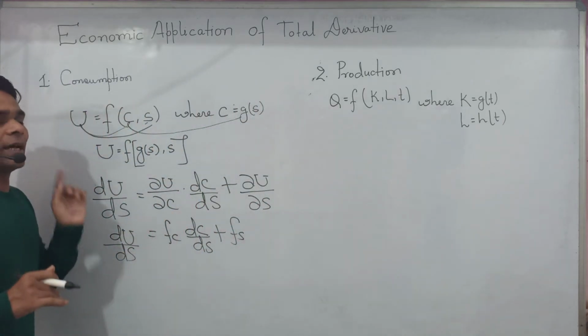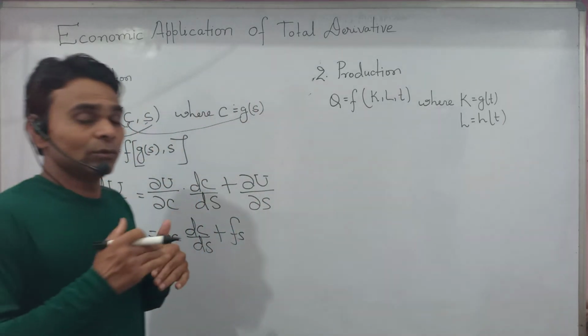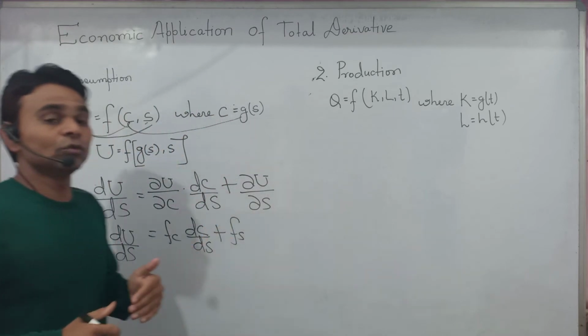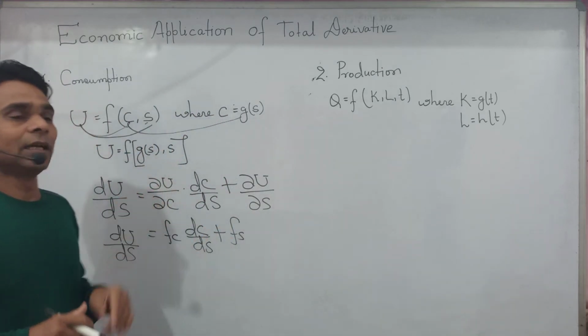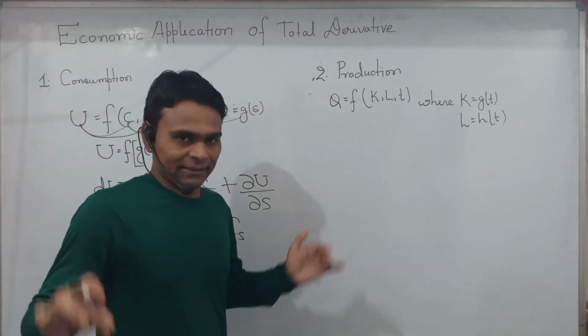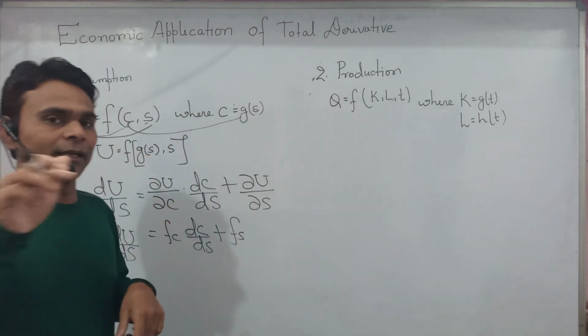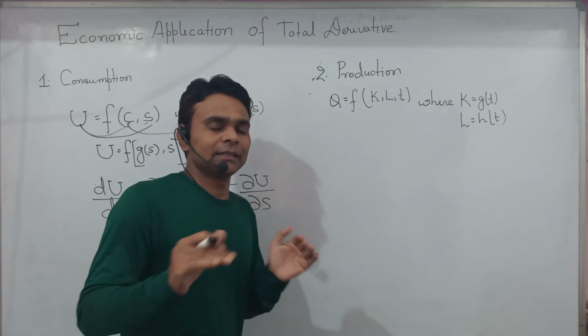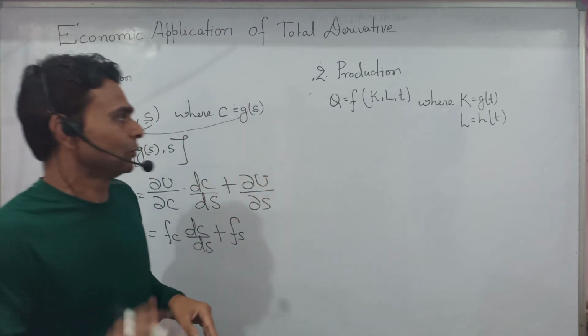We need to apply total derivative in order to know the change in utility function when one variable, the sugar, changes and both sugar and coffee are interrelated, that is, they are complementary goods.